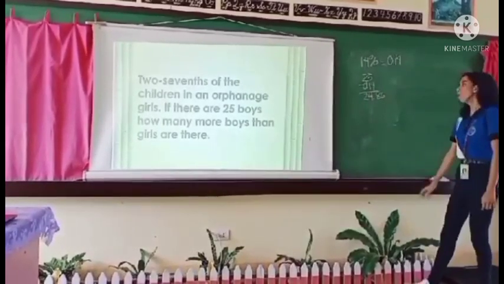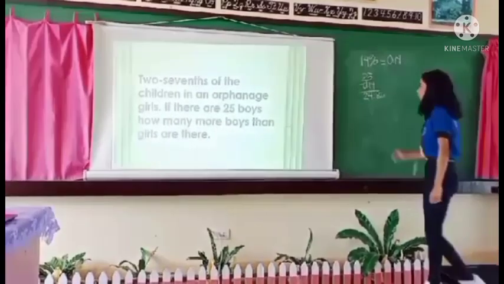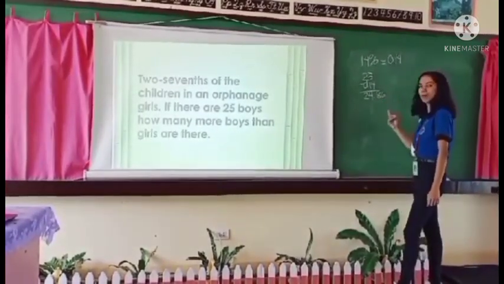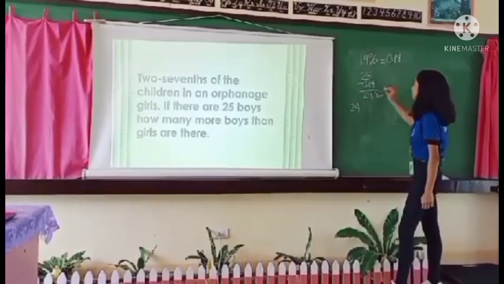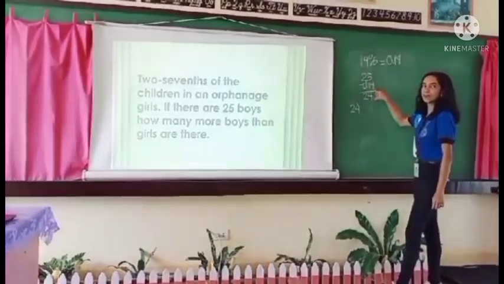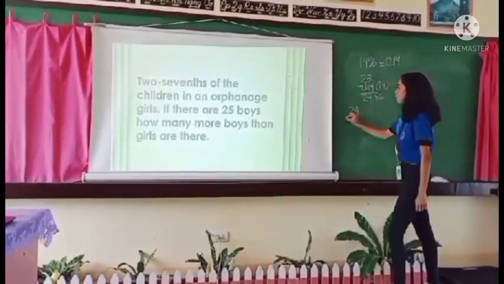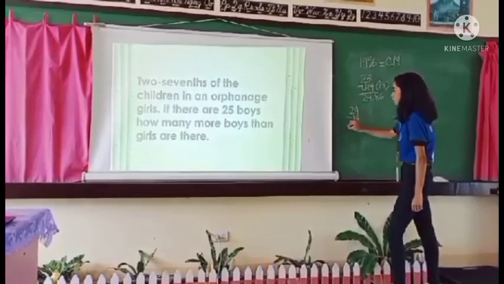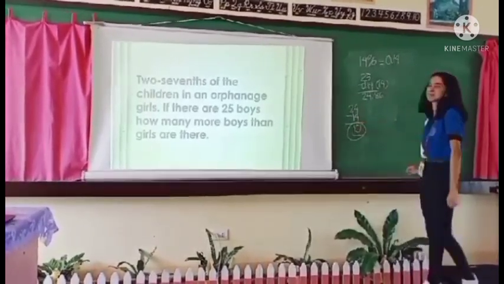Now, there is no person who is 24.86, right? So this 24.86 will become a whole number. It will become 24. And 0.14 will become a whole number. So it will become 14. So, 24 minus 14 is equal to 10. So, the answer is 10.